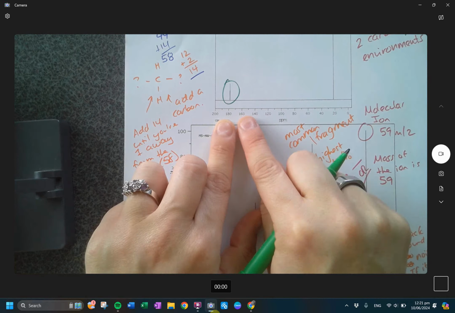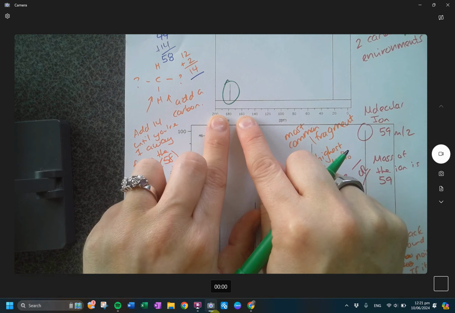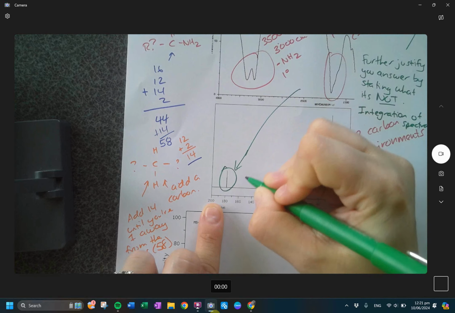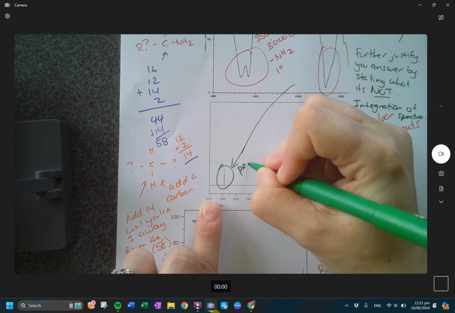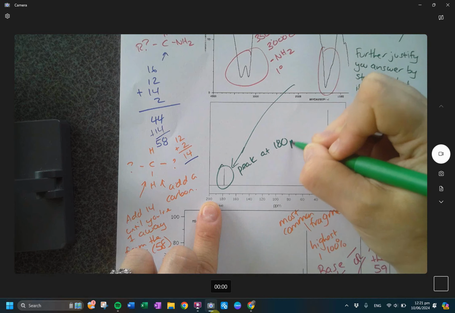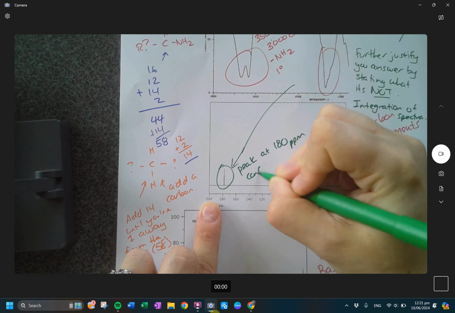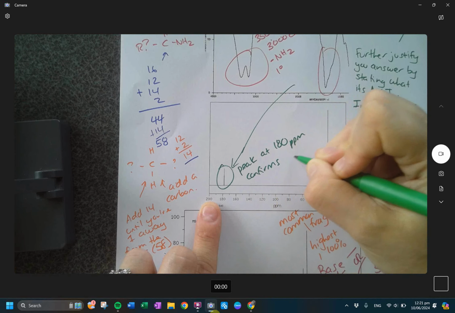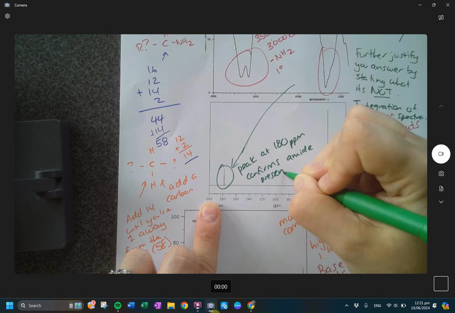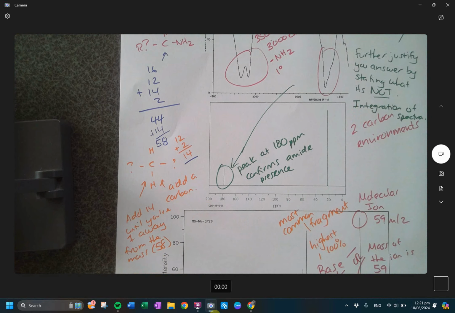See? 160, 185. It's in that ballpark range. So I can use this to confirm. So we have a peak at 180 ppm confirms amide presence. So that's showing integration now.